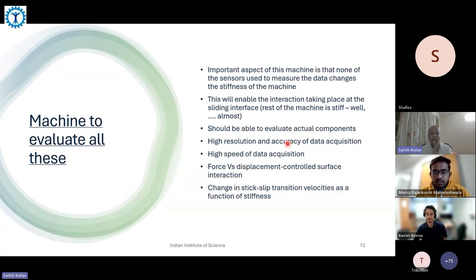We need to have very high resolution and accuracy of data acquisition, and high speed of data acquisition. And so we should be able to differentiate between force and displacement control, especially we are interested in the force part of it.